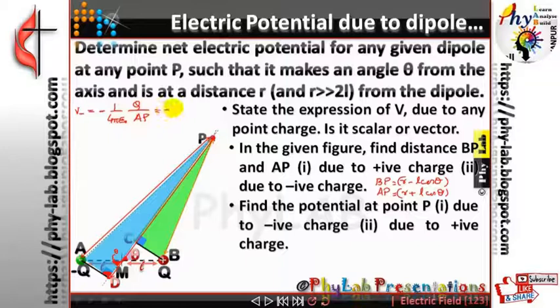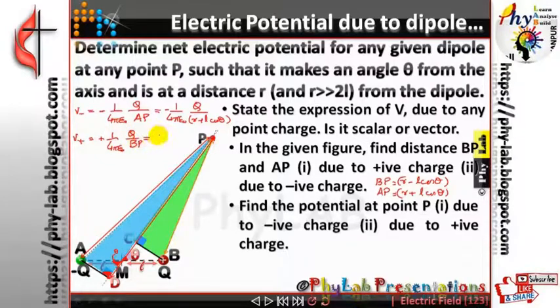So your result will be minus 1 upon 4 pi epsilon naught Q upon, and what is AP, friends? R plus L cos theta. Now similarly you can write down the potential due to the positive charge. The potential due to the positive charge, friends, will be equal to plus 1 upon 4 pi epsilon naught Q upon BP. And what is BP?